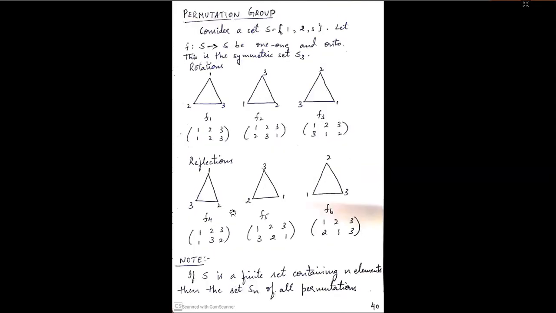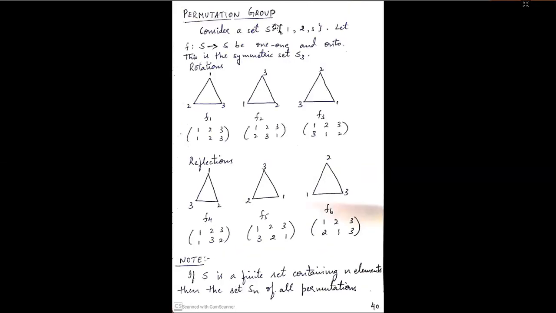Always remember, whenever you have a one-one function from a finite set to itself, it will definitely be an onto function. If S is a finite set containing n elements, then the set Sn of all permutations of S is called a symmetric set, and it is denoted as Sn.